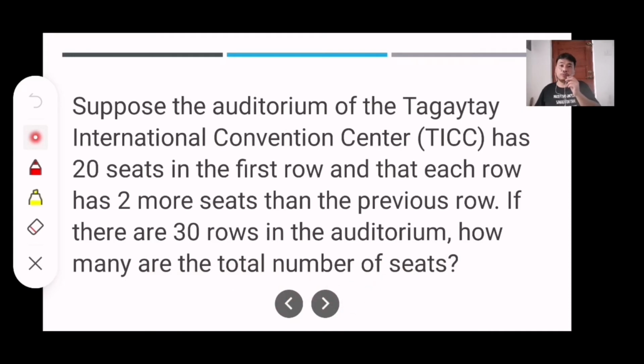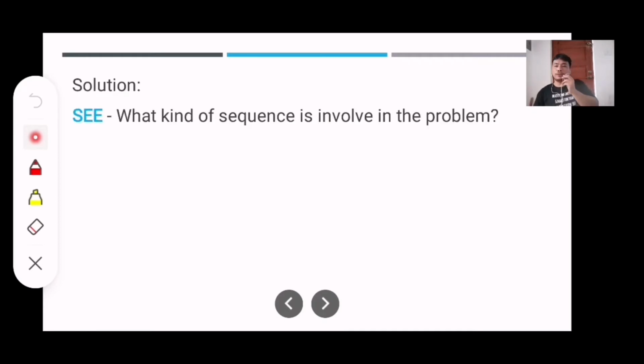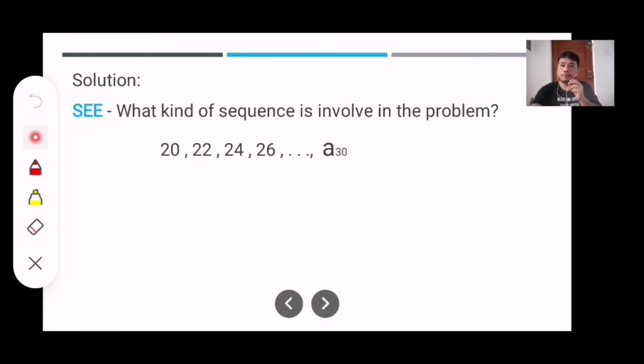Let's try to visualize this situation. First step in solving a problem is to see what kind of sequence is involved. Let's analyze the problem. We have the first term, which is 20. Then, yung mga susunod na row, nadadagdagan daw ng 2. So, meaning, the second row will be 22, third row will be 24, fourth row is 26, until we reach the 30th row.